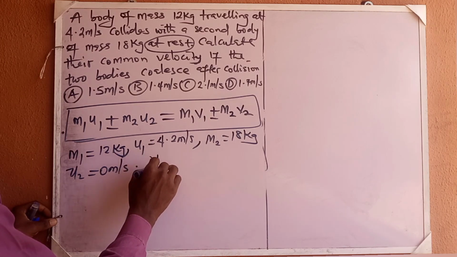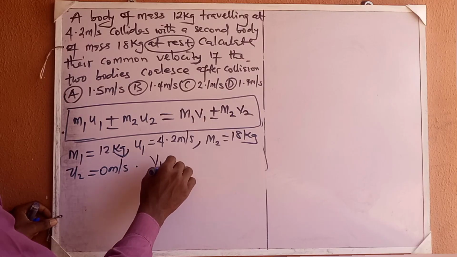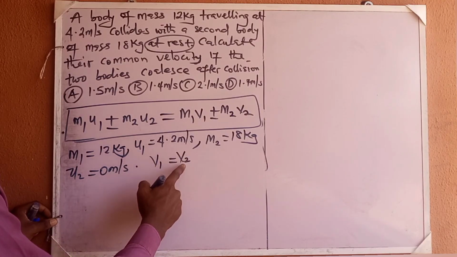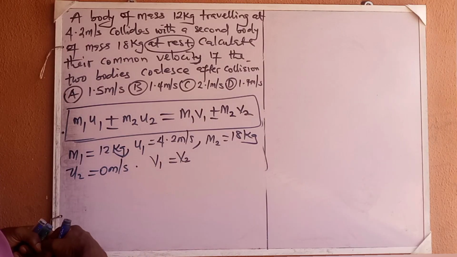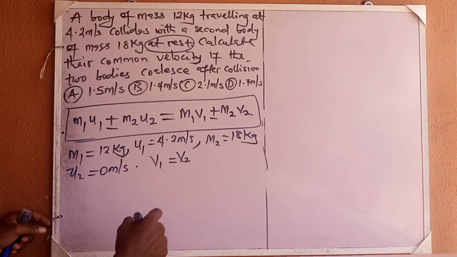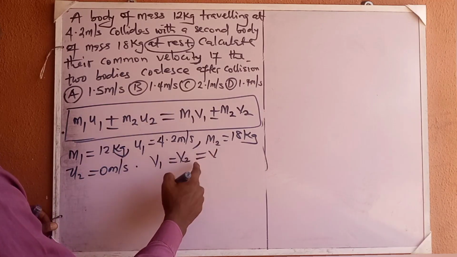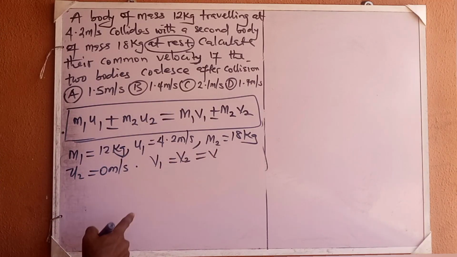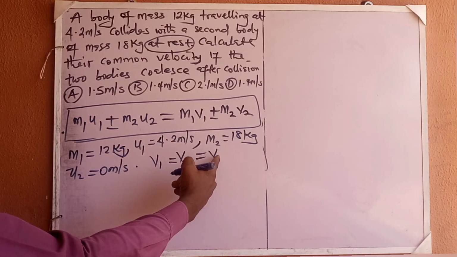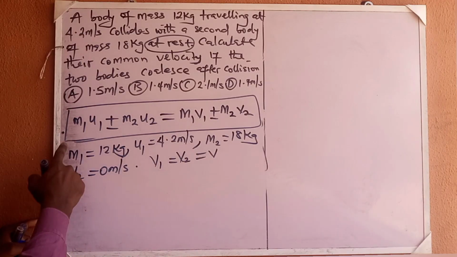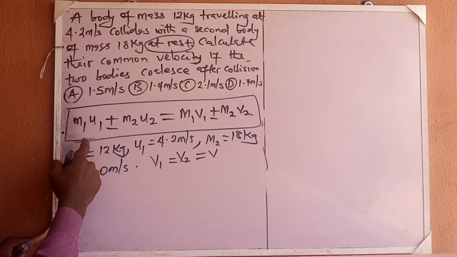Now, the implication is that the final velocity of the first body is going to be equal to the final velocity of the second body, because the two bodies coalesce, they stick together and start moving. So we just call it V, since it's the same for them. Since V1 will be equal to V2, let's just call it V. All right, we're going to substitute values in this equation and solve.